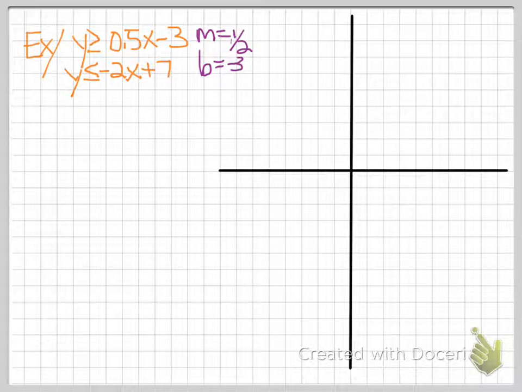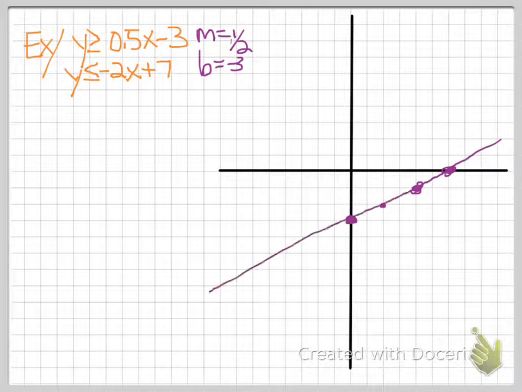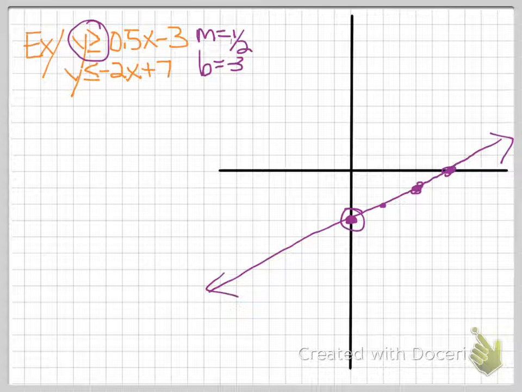So I'm going to plot my y-intercept at negative 3, and apply my slope, which is 1/2, up 1 over 2, up 1 over 2, up 1 over 2. I'm going to draw a line connecting that. It's going to be a solid line because it's or equals. And because it's greater than or equal to, I'm going to shade above that on the graph.